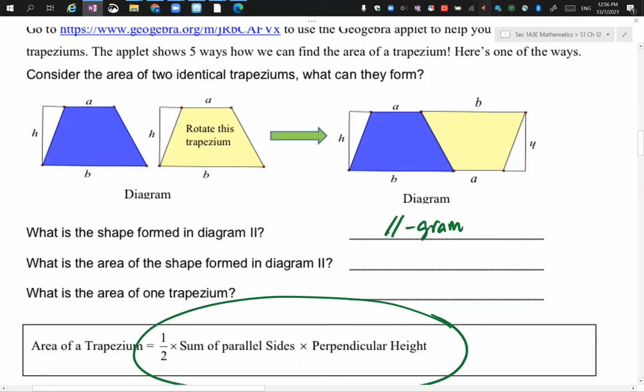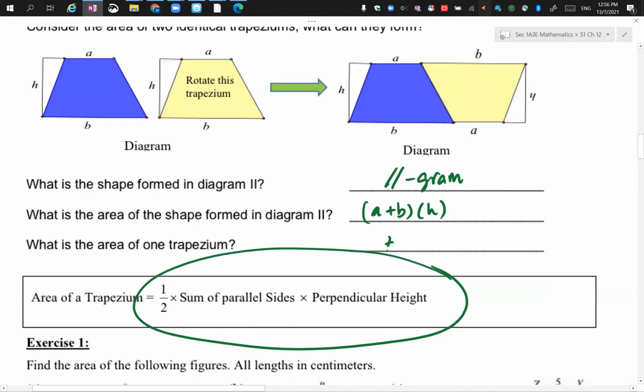Okay, area of the shape formed will be (A plus B) times H. Okay, the area of the parallelogram, the blue and the yellow piece joined together. So the area of one of it must be half of (A plus B) times H.